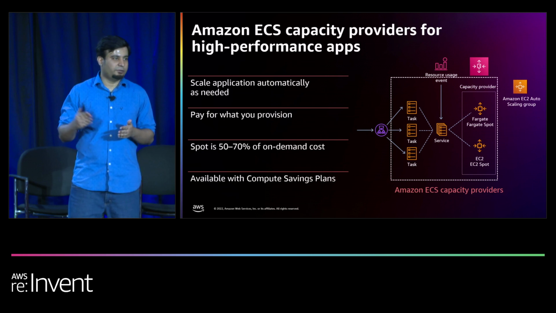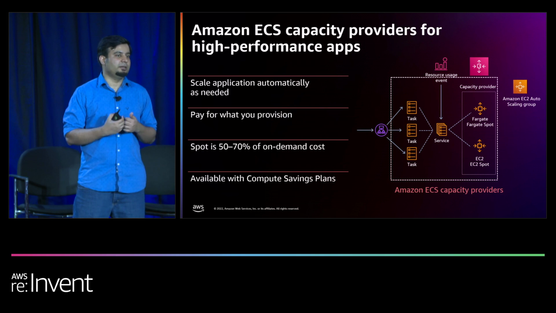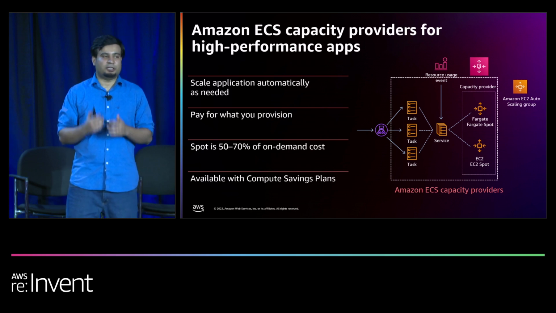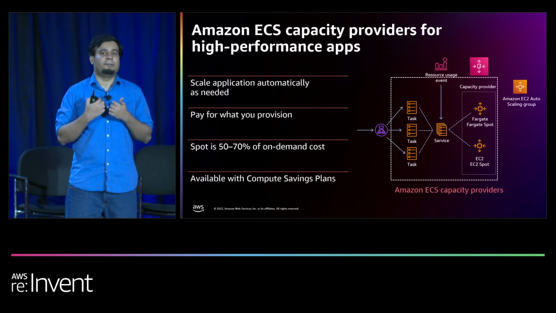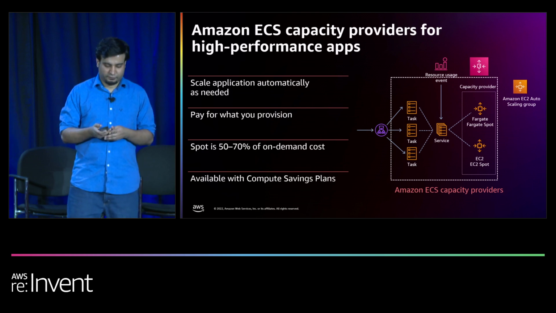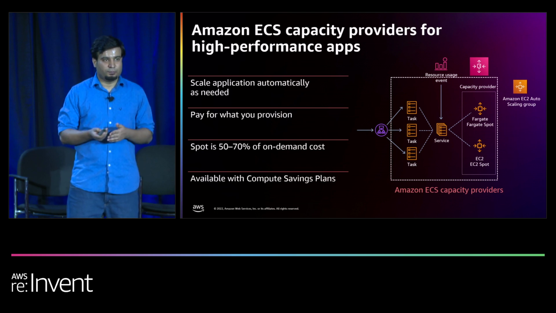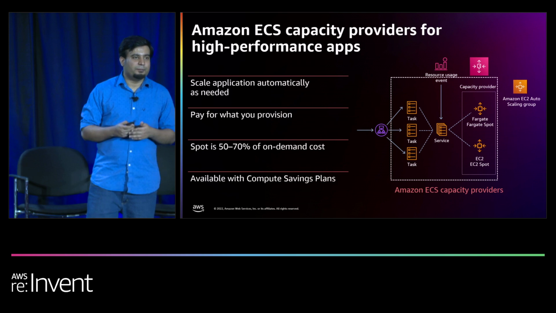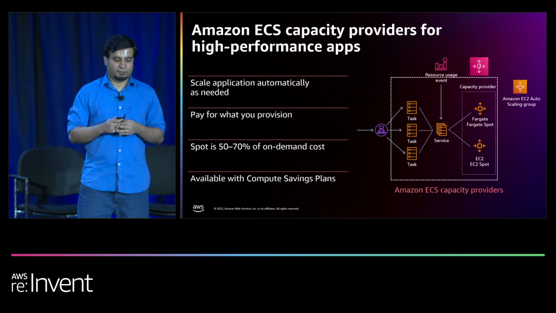And this is our vision for capacity providers going forward, to take more of management out of your hands so that you can really focus on what brings value to your business, which is building innovative applications, and ECS does more on your behalf. And you can, of course, use both Fargate and Spot with Compute Savings Plans as well as on Spot to reduce your costs, compute costs rather.